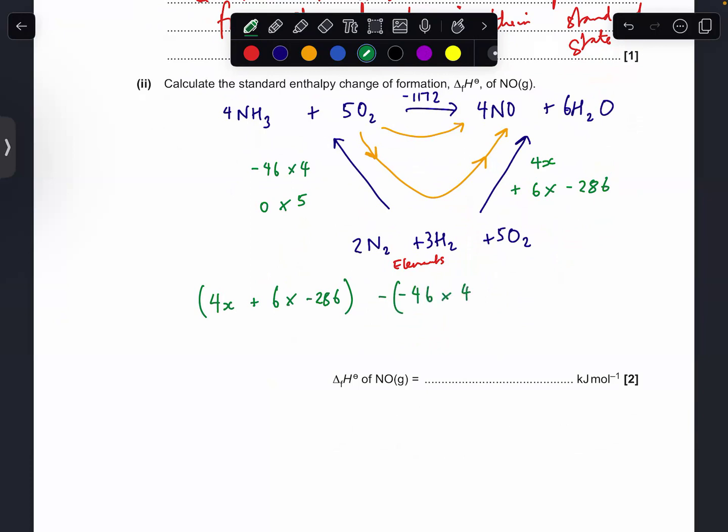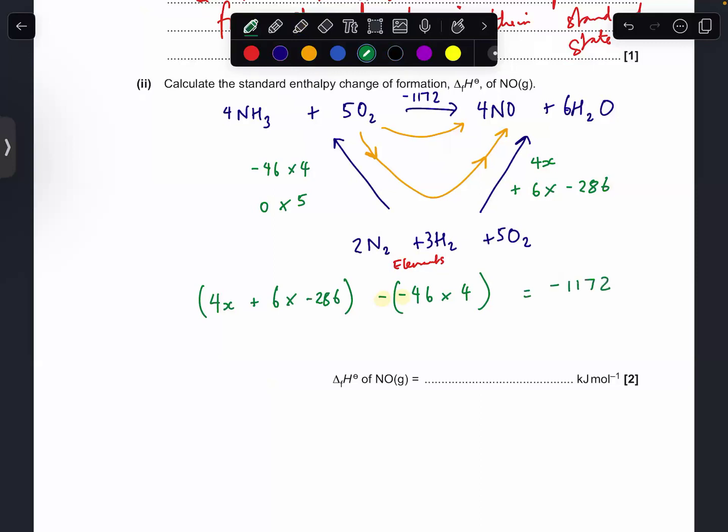We won't include the 5 times 0, which is 0 anyway. Be careful of the signs. You can very easily make a mistake here. This gives you minus 1172.